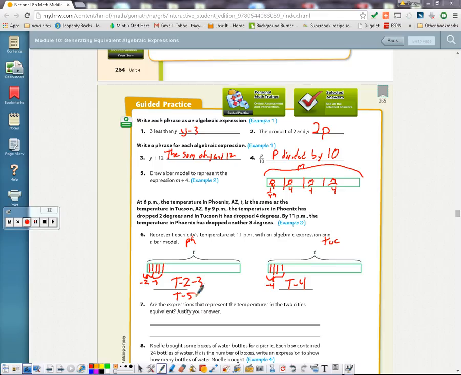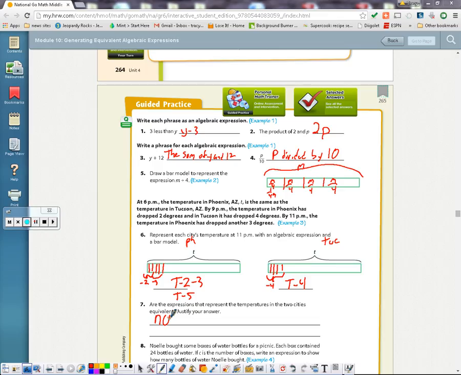So, Phoenix is represented by T minus 5. Tucson is represented by T minus 4. So, are the expressions that represent the temperatures in the two cities equivalent? Yes or no? I'm hearing both. What is it? Is T minus 5 the same as T minus 4? No. The answer would be no.